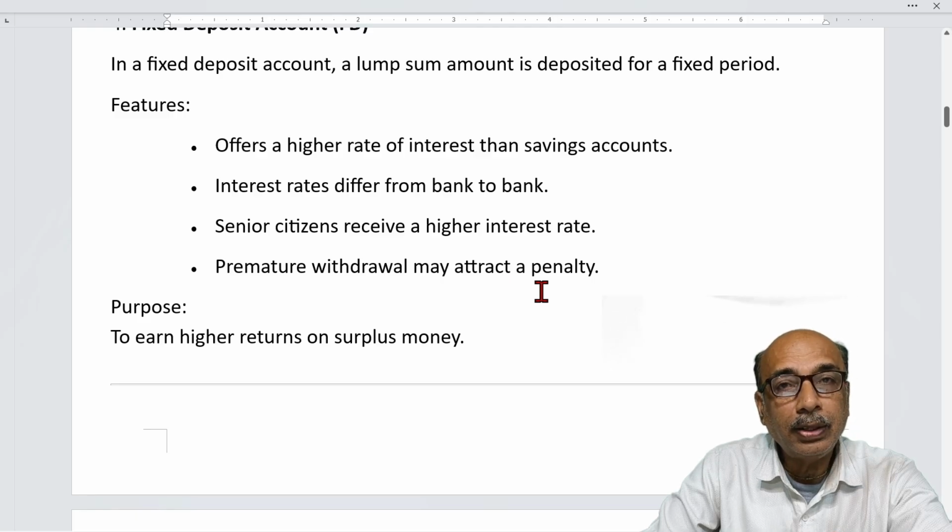If any senior person in your house deposits in this account, the account cannot be closed before 5 years. If you take it after 1 year, 2 years, 3 years, a penalty of 3%, 2%, 1% or any other amount as decided by the government applies. So premature withdrawal may attract a penalty.